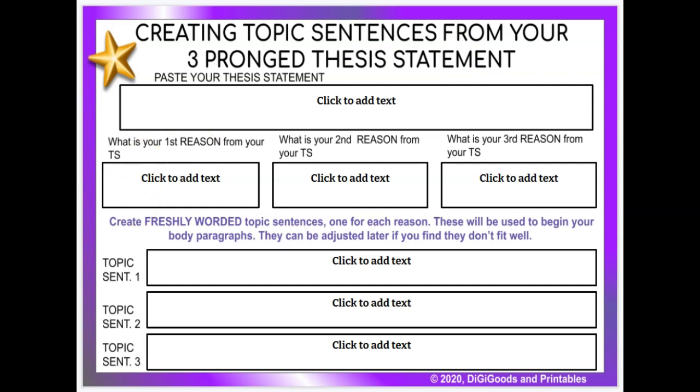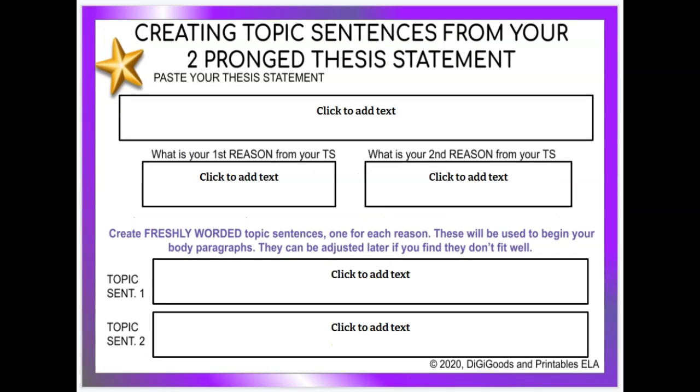Okay, first of all, you're going to scroll back up to the beginning of this workshop and grab your thesis statement. You should be able to find it by looking for the stars. And you're going to paste it into this text box. As always, you may need to adjust the font to make sure everything fits comfortably.